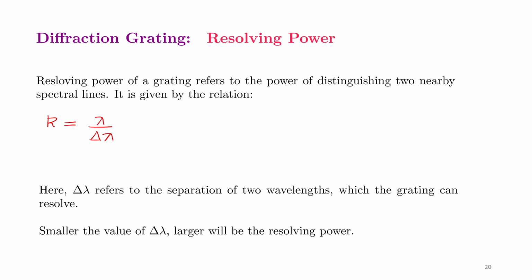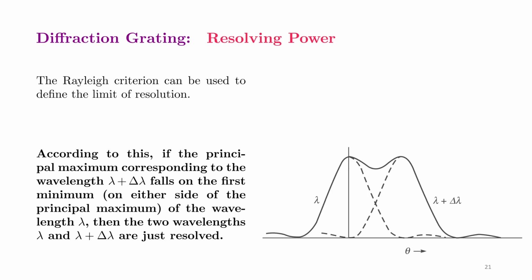Here, delta lambda refers to the separation of two wavelengths which the grating can resolve, and the smaller the value of delta lambda, the larger will be the resolving power. Now, how do we define the limit of resolution of two nearby spectral lines? It is given by the Rayleigh criterion.